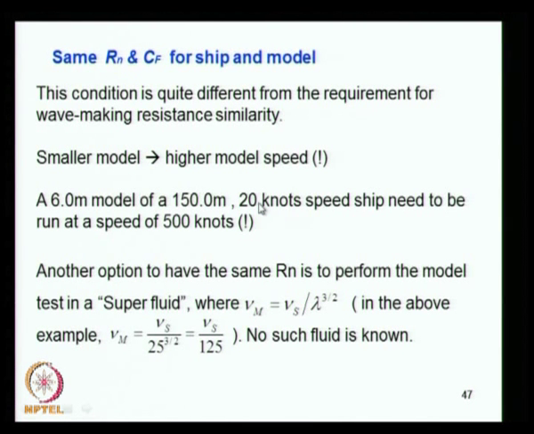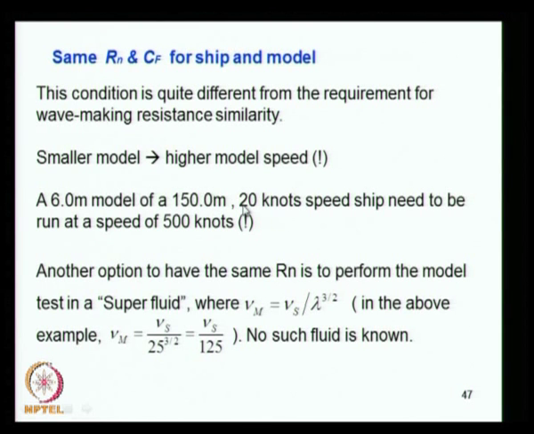So 20 into 25 comes to 500 knots. So the model has to be operated at 500 knots to match the Reynolds number between ship and model, which is not achievable. A 500 knot speed in a lab, in a towing tank, is not achievable. So it is not possible to satisfy the Reynolds number between ship and model in a lab condition.